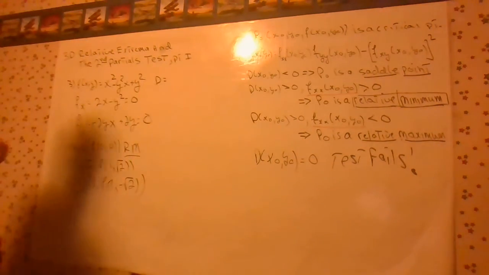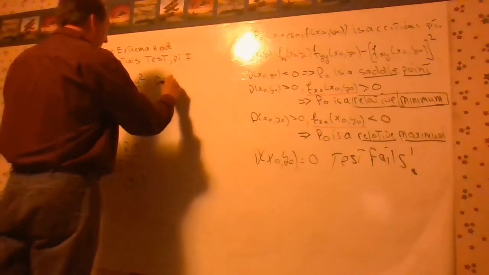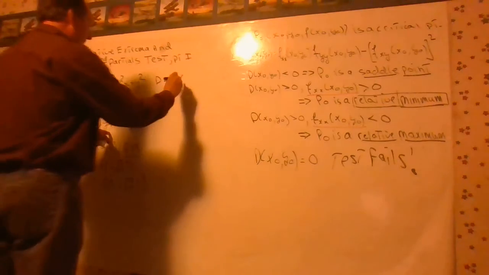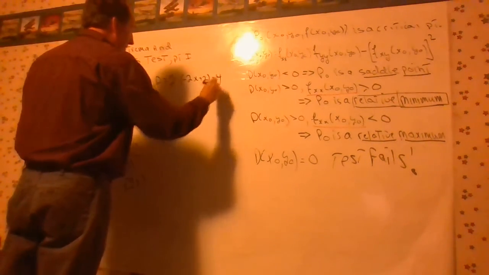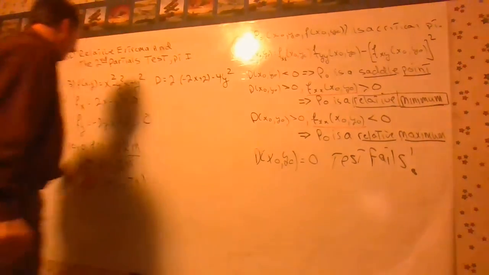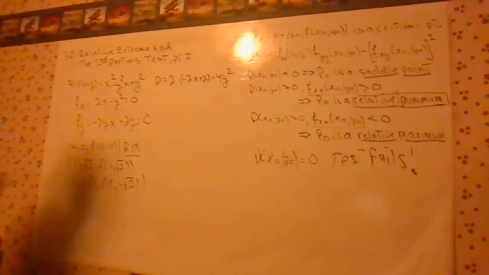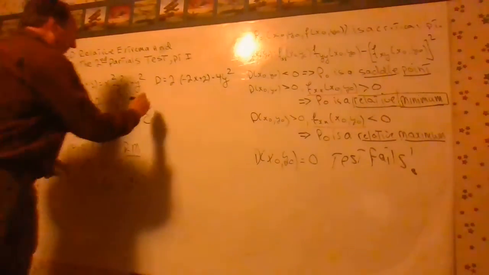D was equal to, I erased my D, I should have kept that. The second x partial is 2. The second y partial is negative 2x plus 2. And then we had minus 4y squared. It was the mixed partial, negative 2y quantity squared. Now, we want to plug this in.